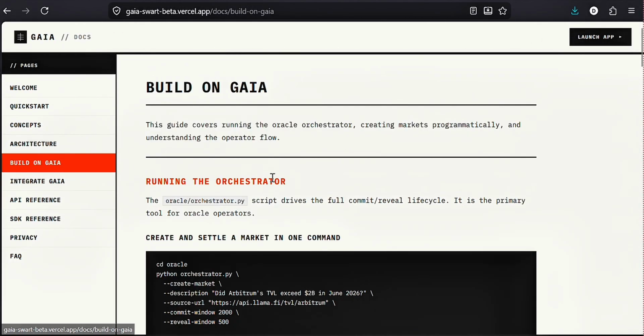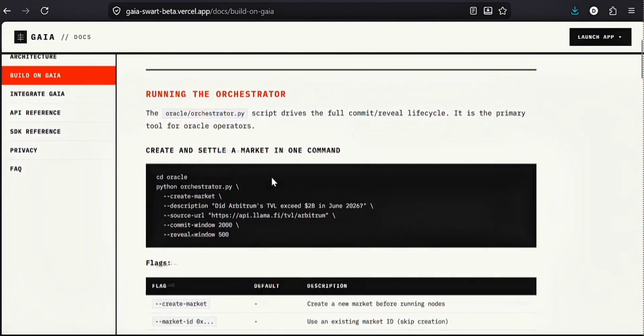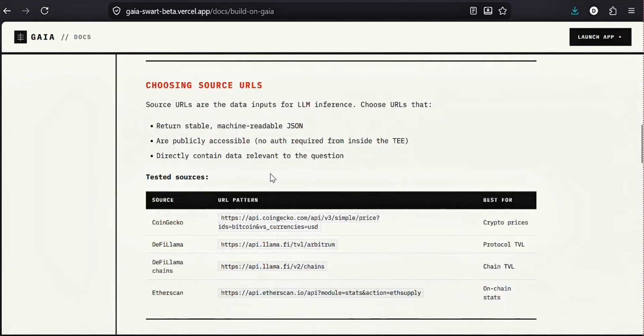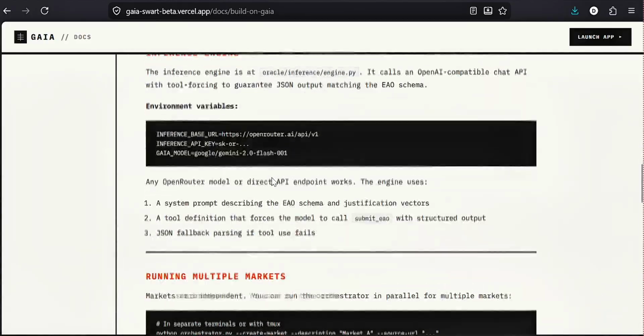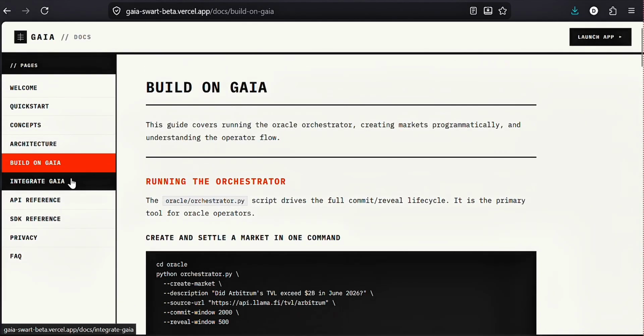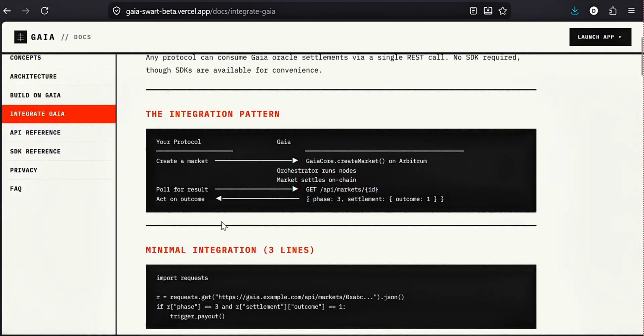So also we are actively implementing SDKs, APIs to allow anybody to query the outcomes or integrate Gaia to build dynamic markets or systems that allow dynamic markets to thrive.